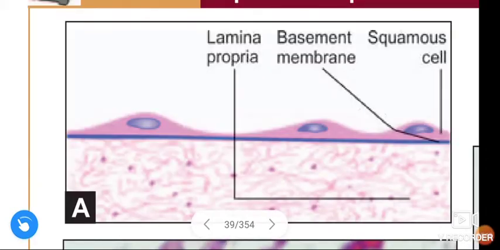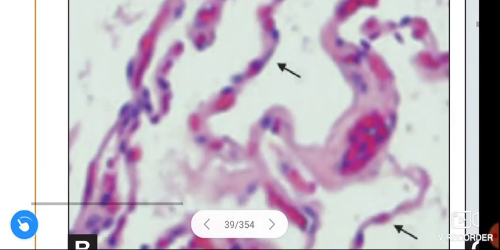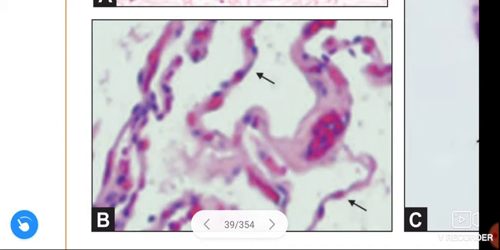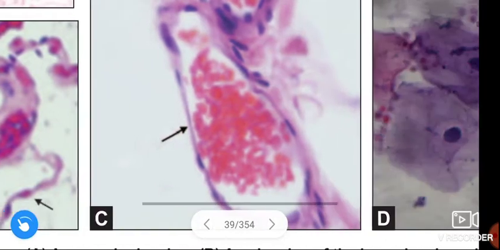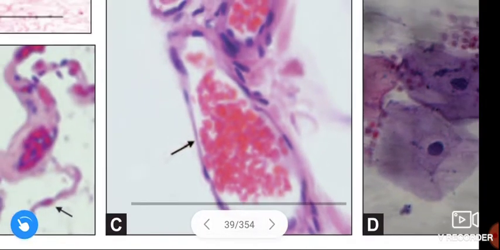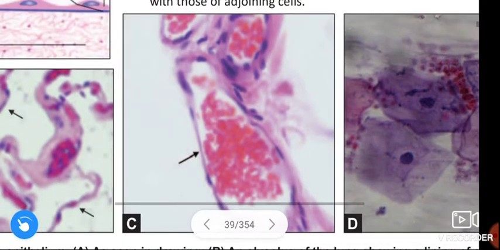See this figure. This figure represents the diagrammatic view of the simple squamous epithelium. Next, see this figure. This figure represents the simple squamous epithelia in alveoli, and this is the view of simple squamous epithelia in capillaries.